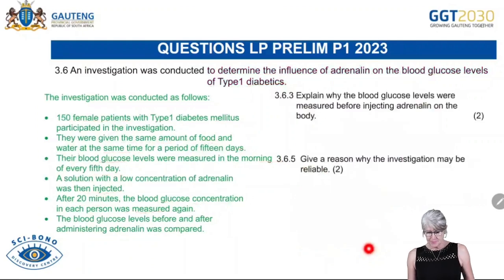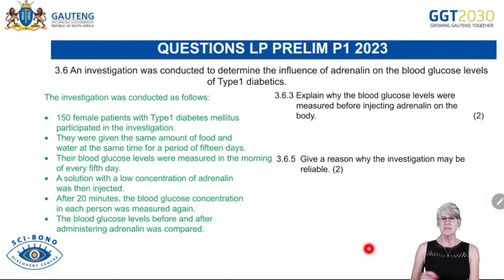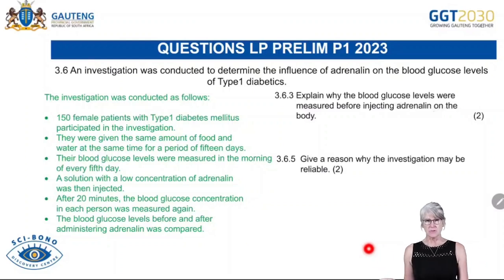All right, then the next question, they say, explain why the blood glucose levels were measured before injecting adrenaline into the body. What they wanted to see was the effect of adrenaline on the blood glucose level. If they don't measure the blood glucose before, they're not going to be able to see if there was any effect.